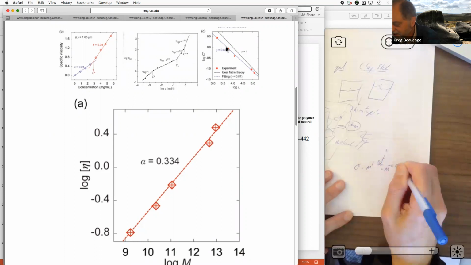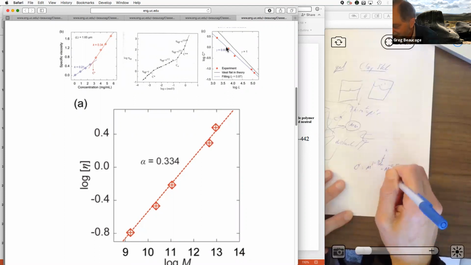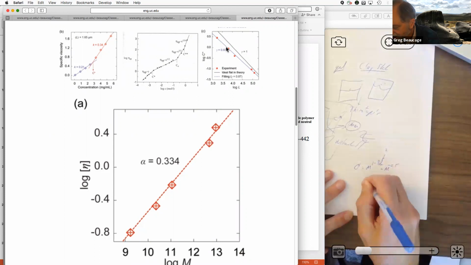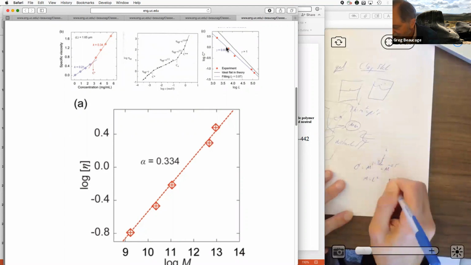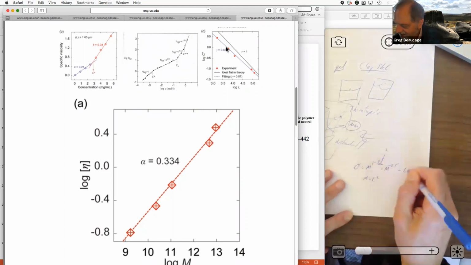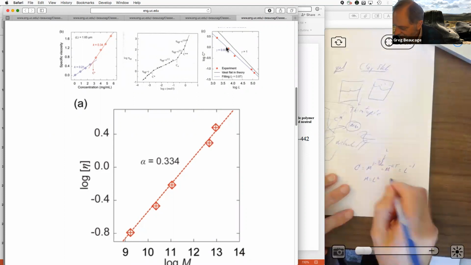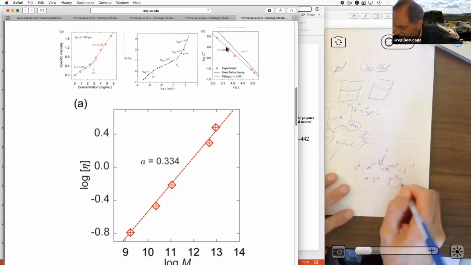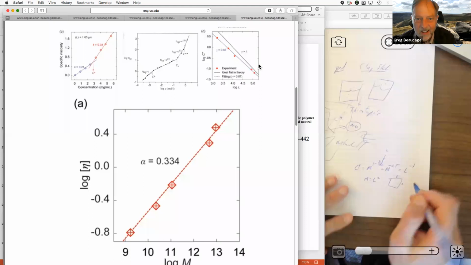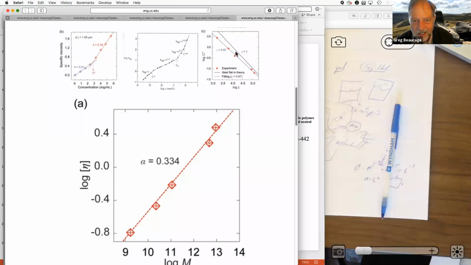Yeah, that's right. So you know that M equals L squared. So if you want to put this into L's, that would be L to the minus 1. Right, because it's a sheet, you have L on each side, L squared is M, so you get L to the minus 1. So that would be his slope here. It should be minus 1.